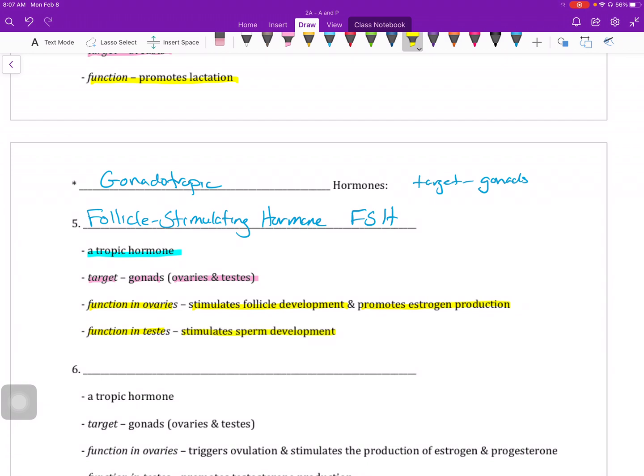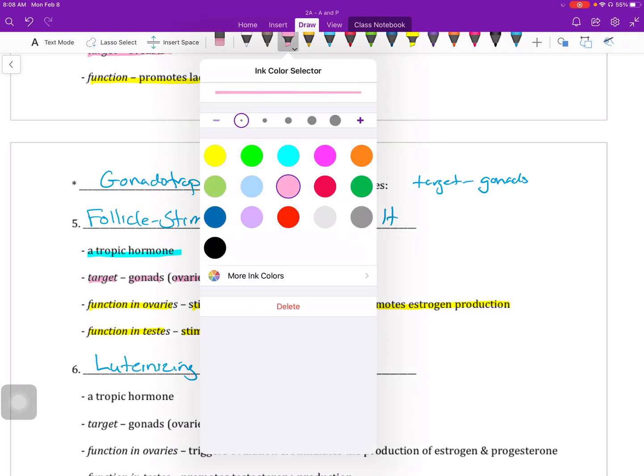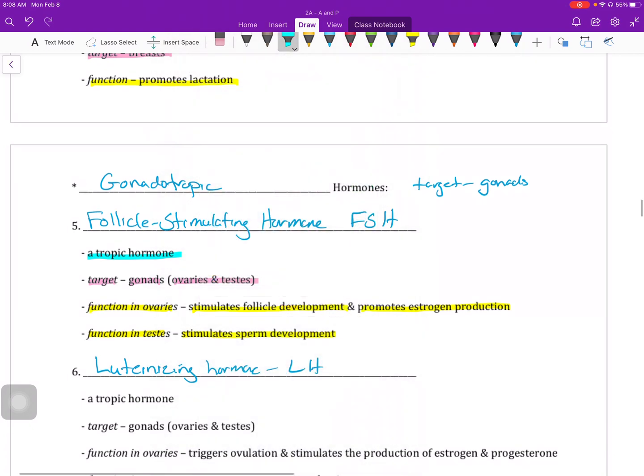All right. The sixth and final hormone of the anterior pituitary is known as luteinizing hormone, or LH. Again, it is a tropic hormone.